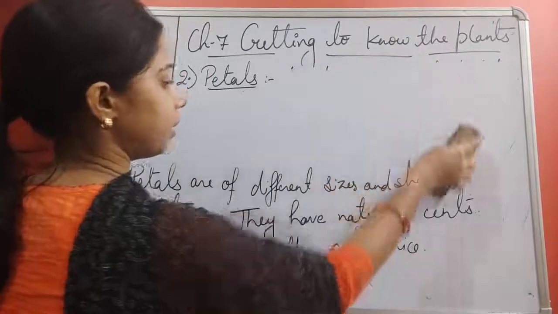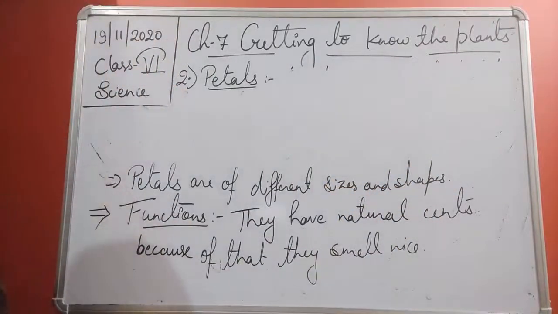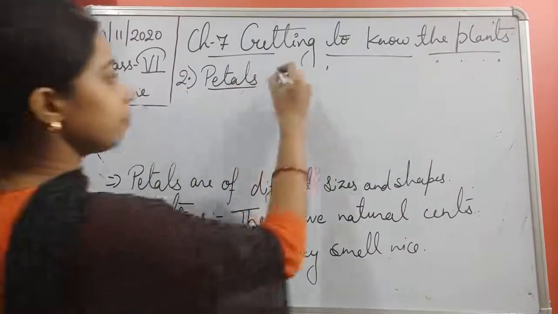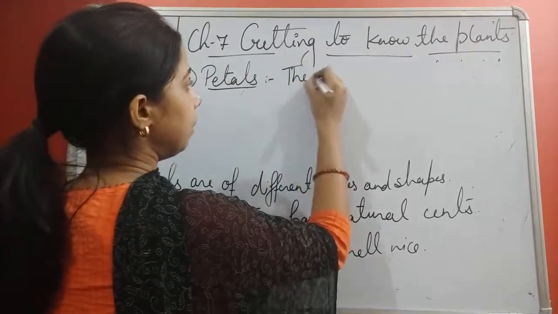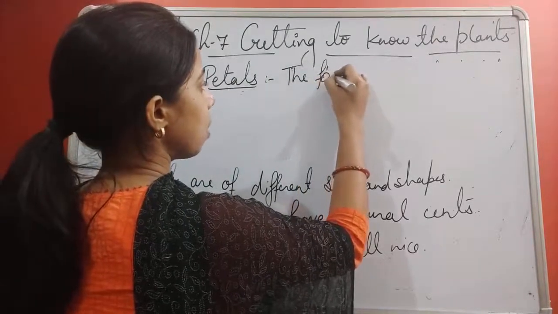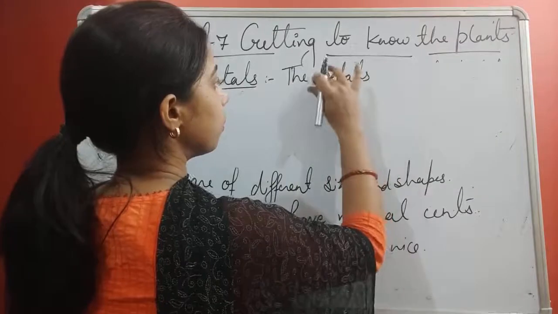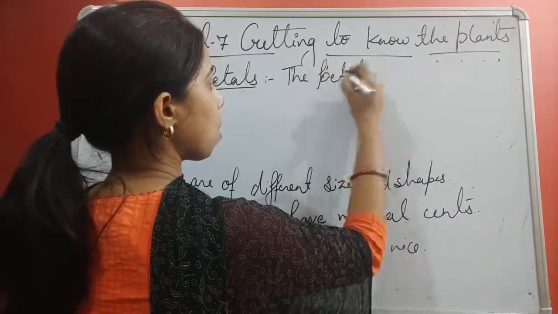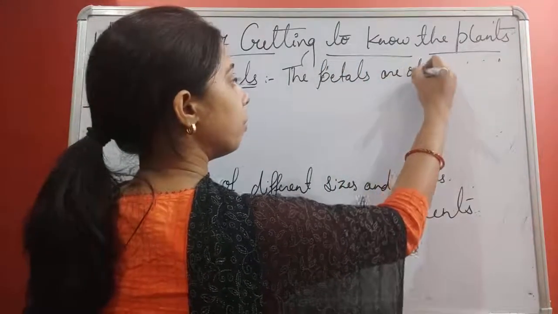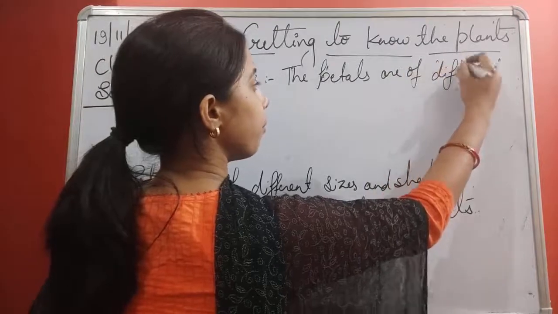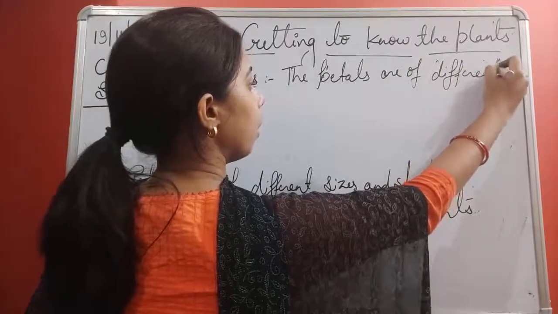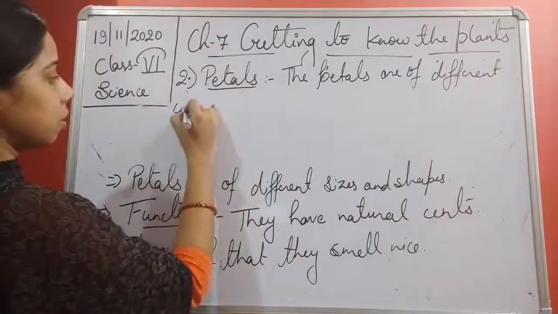So we can write it. The next function is: the petals are of different colors.